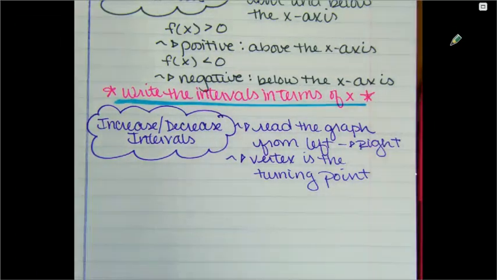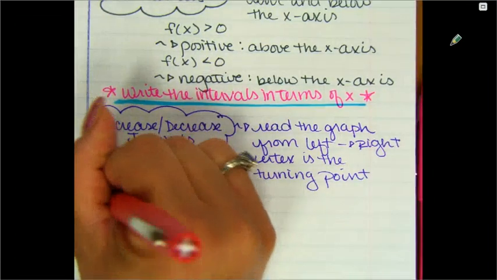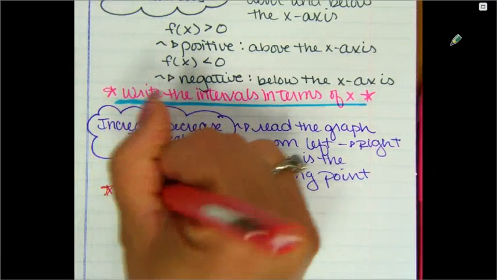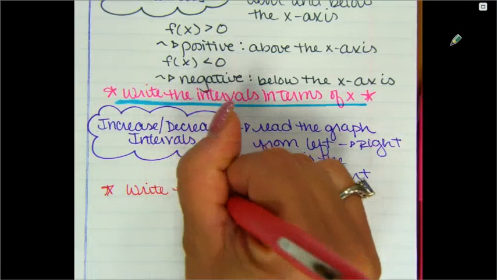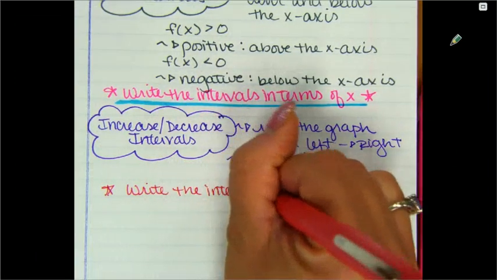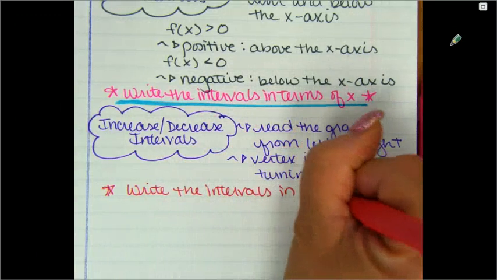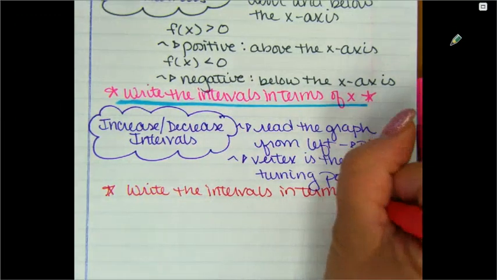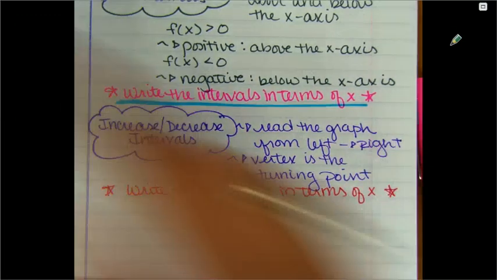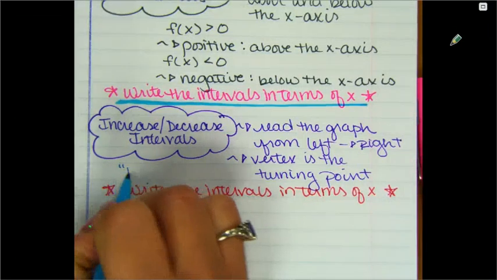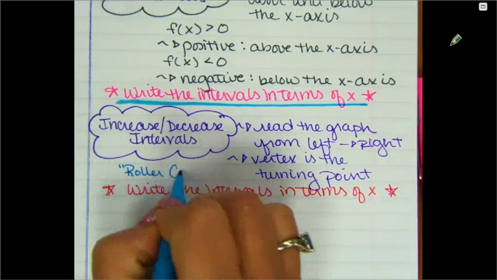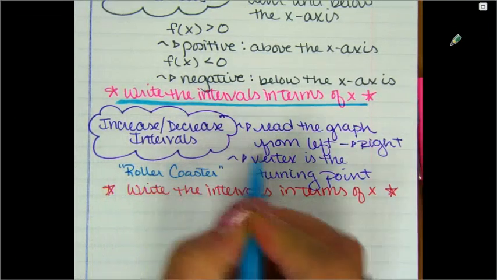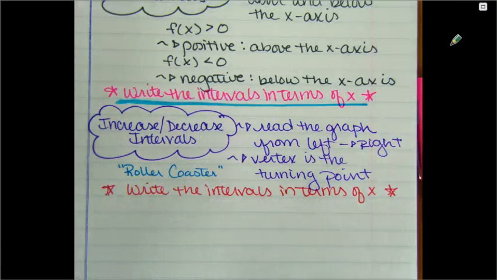You're talking about height on a roller coaster, not necessarily speed. So increase and decrease intervals, we write the intervals in terms of x.